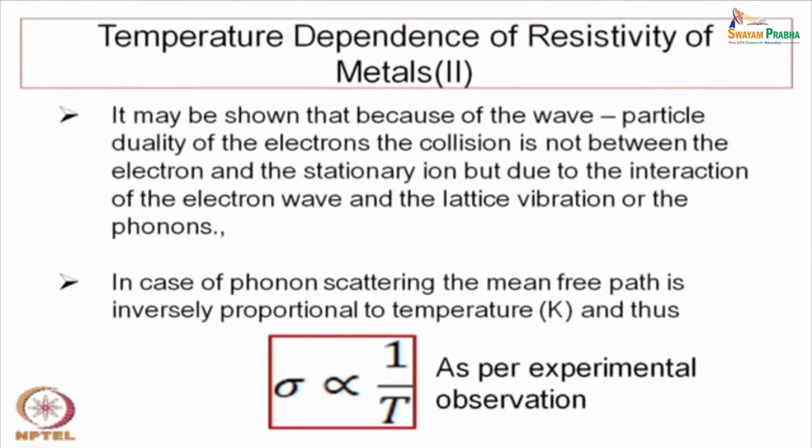So, the higher the temperature, the lower the mean free path, and the greater the possibility of collision with the phonon modes of the lattice vibrations. Ultimately, it is the lattice vibrations which are much more important than just the static ion core.